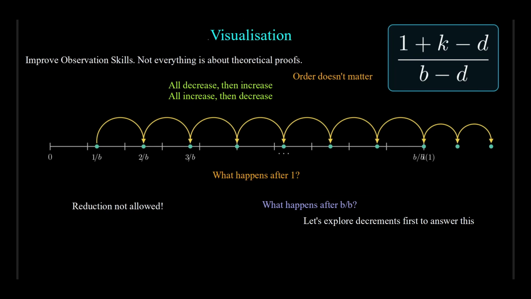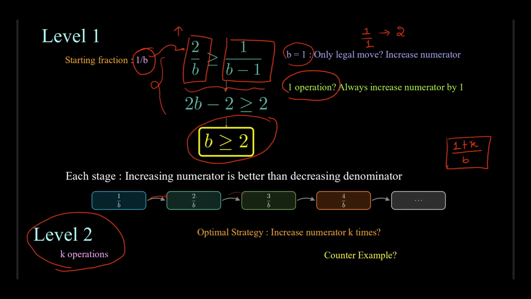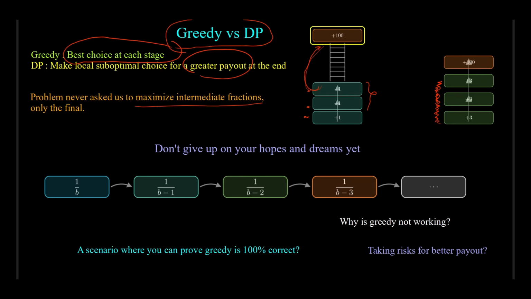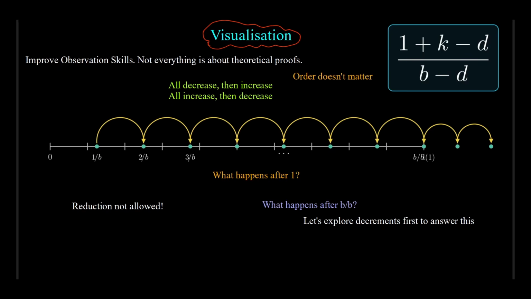So this is where the power of visualization comes in, right? While dealing with the numerators, we only dealt with mathematical formulas and then we came up with this closed form expression, which is fine. But we also need to have some intuition about the problem and visualize what exactly is happening.